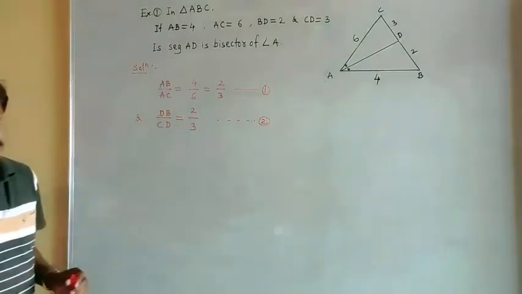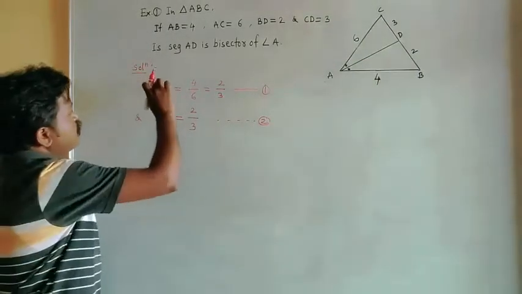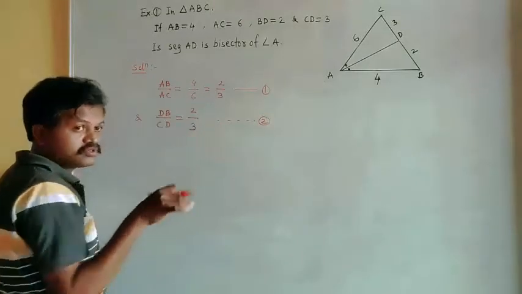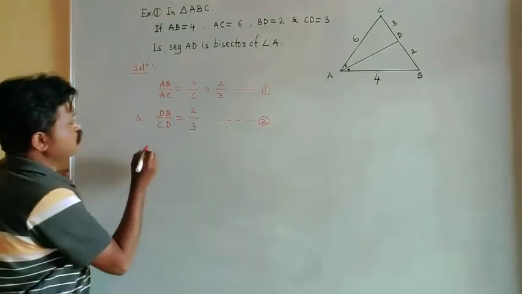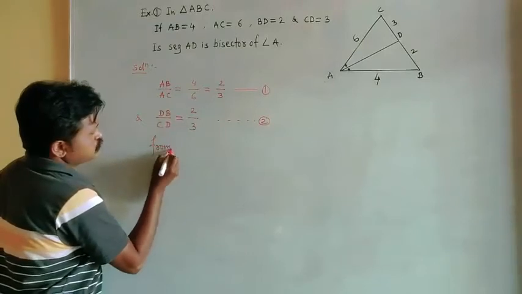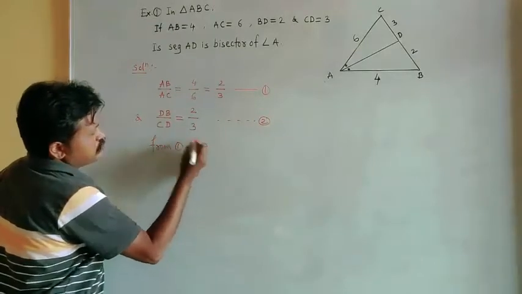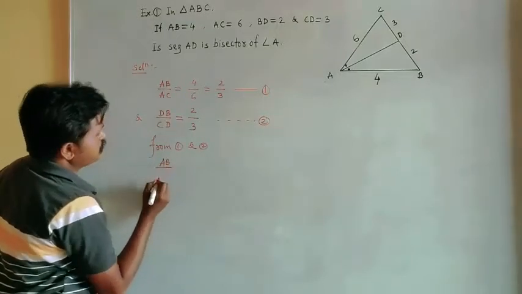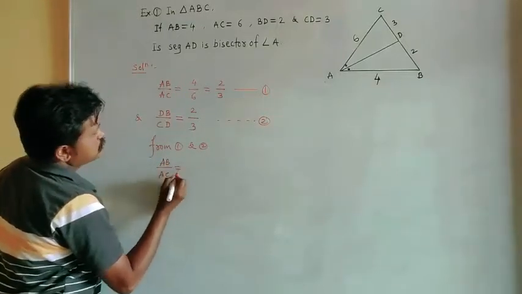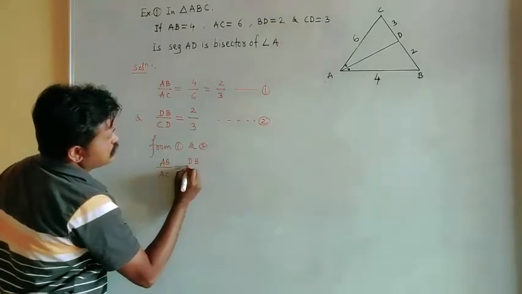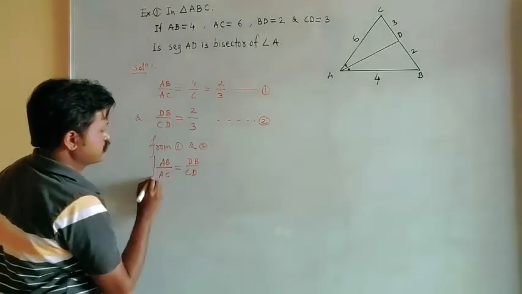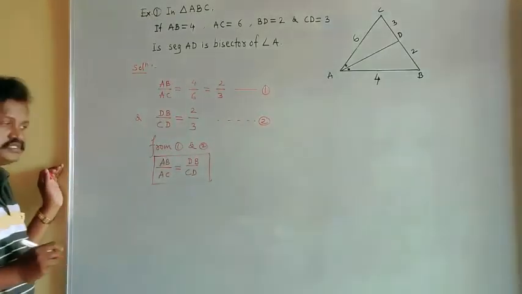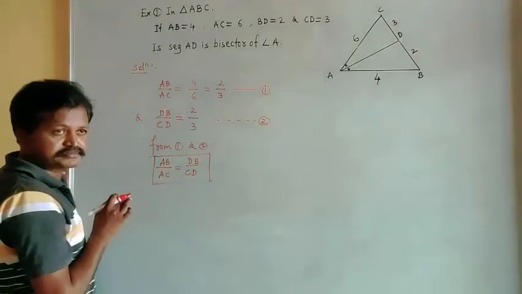In statements 1 and 2, AB upon AC is equal to 2 upon 3 and BD upon CD is equal to 2 upon 3. Both ratios are equal. So from 1 and 2, AB upon AC is equal to BD upon CD.